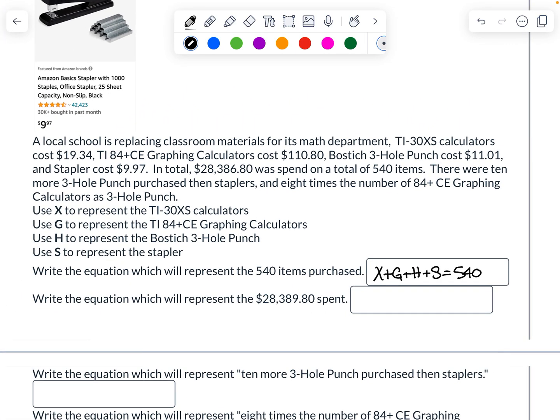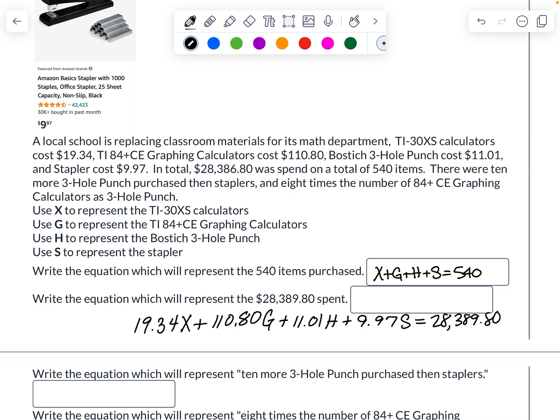And I'm going to write it down here: 19.34X and 110.80G and 11.01H and 9.97S equals $28,389.80. That's a lot.